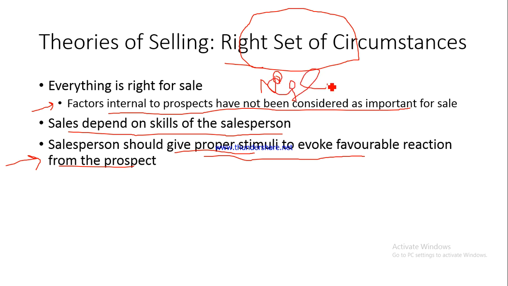So this thing has been neglected, right? So the theory says everything is okay with the prospect. The only problem is whether the salesperson has the appropriate skills or not. However, this does not happen in the real world. So this is one lacuna. This is one drawback. This is one shortcoming of this particular theory.